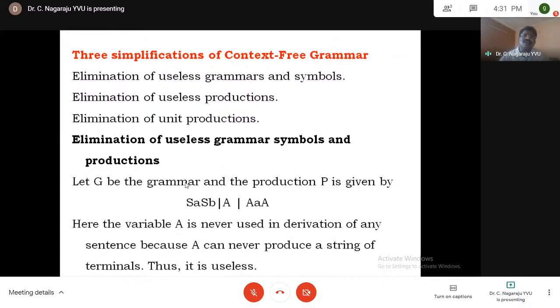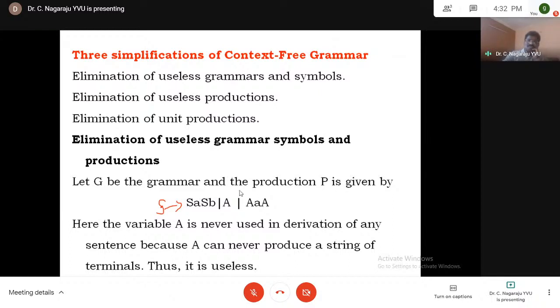Suppose you see a grammar like this, for example, where S can have this form. There are three productions: SA, SB, or A. But in the derivation of a string, can we use all three or not? If some productions cannot be used, then we can remove them.